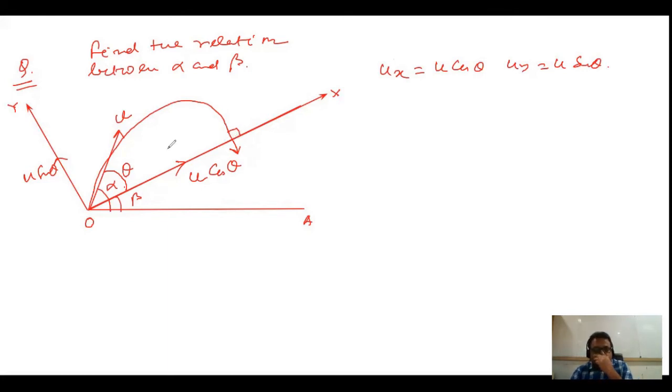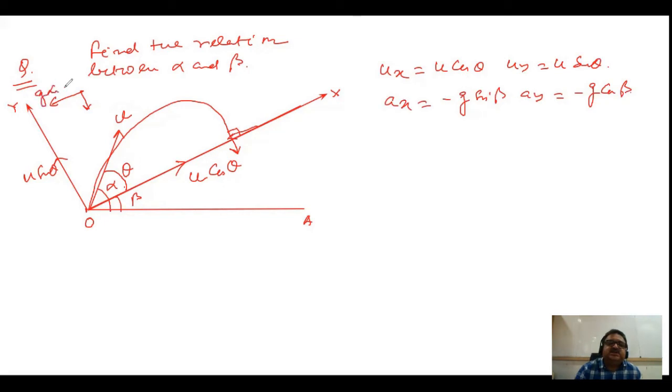Now, let me find out the time of flight first. For time of flight, the body starts from here, comes here again, that means vertical displacement is 0. And I told you, in this case, one acceleration is along this direction and one acceleration is along this direction: g sine beta, and this is g cosine of beta. Now I am using the motion along y-axis. So Sy equal to uy t plus half ay t square.